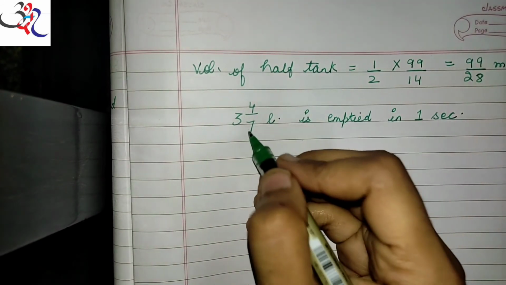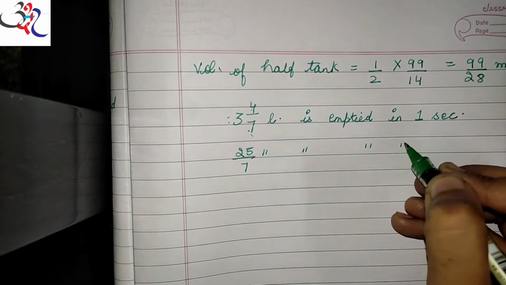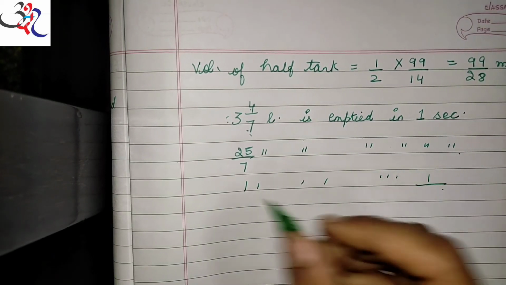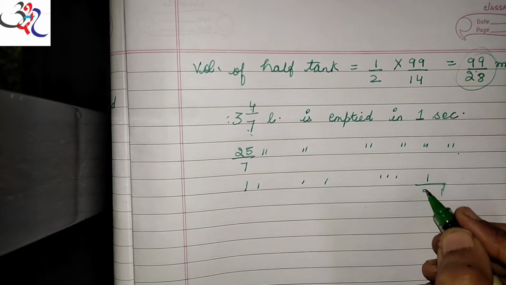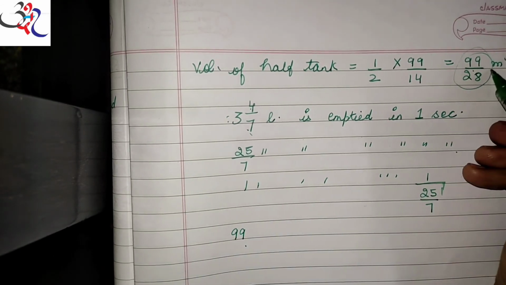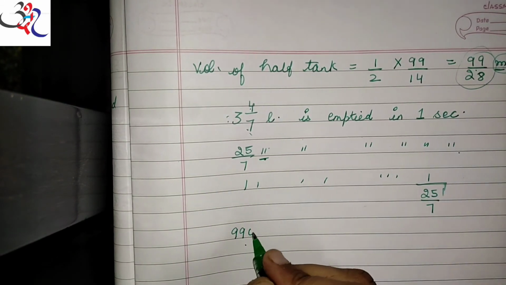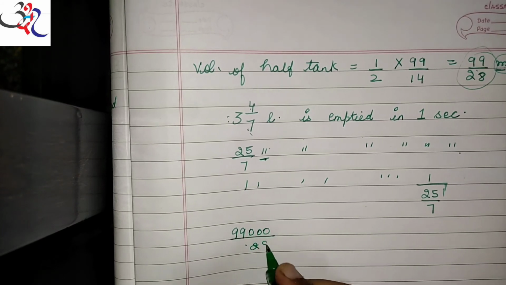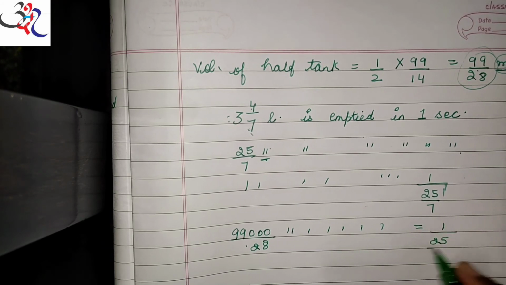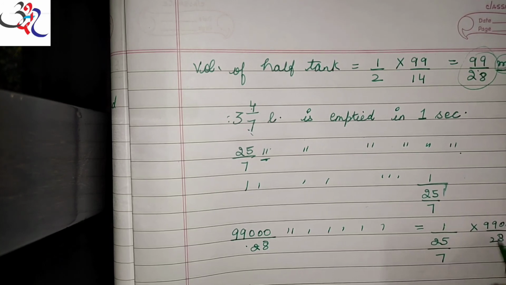So this is 25 by 7 liter of water being emptied in 1 second. So I have to find the time for half of my volume, which is 1 by 25/7, and by the unitary method, because this is 99 meter cube but it is given in liters, we will convert our value to liters. 99,000 by 28 liters is being emptied in 1 by 25/7 into 99,000 by 28.